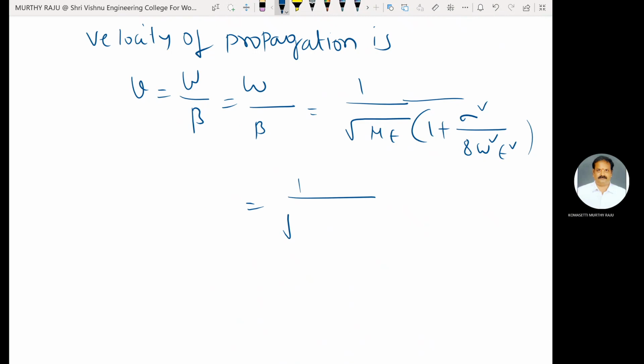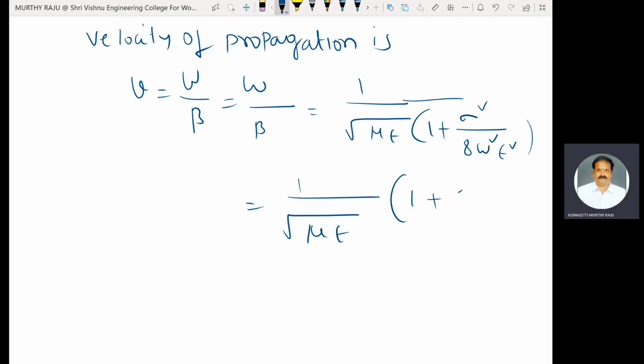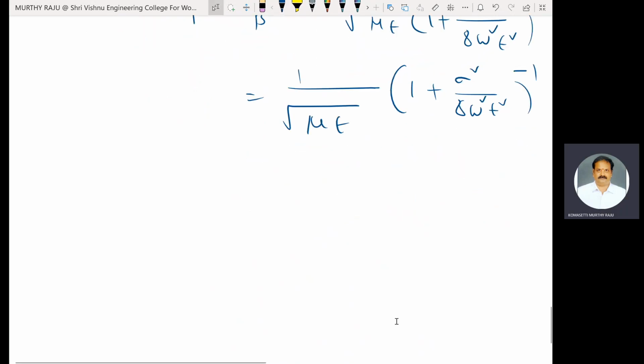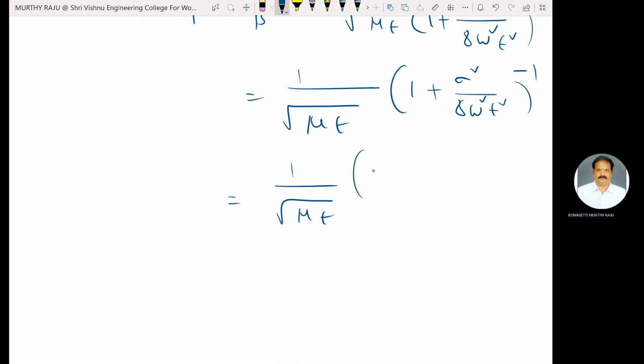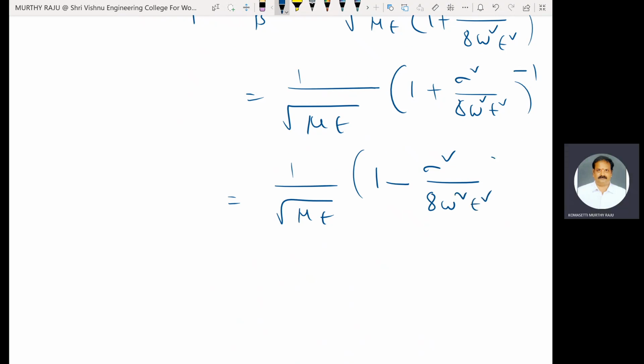1 by square root of mu epsilon. This term can be written as 1 by (1 plus sigma square by 8 omega square epsilon square), which is equal to 1 by square root of mu epsilon times 1 minus sigma square by 8 omega square epsilon square, applying binomial series expansion.